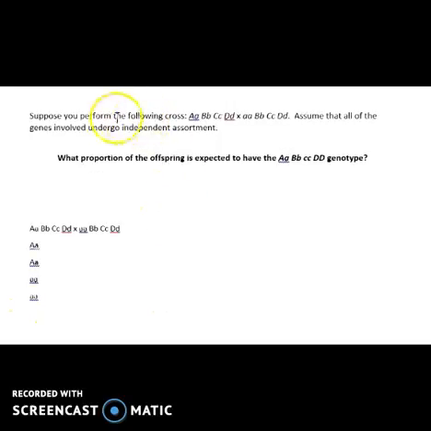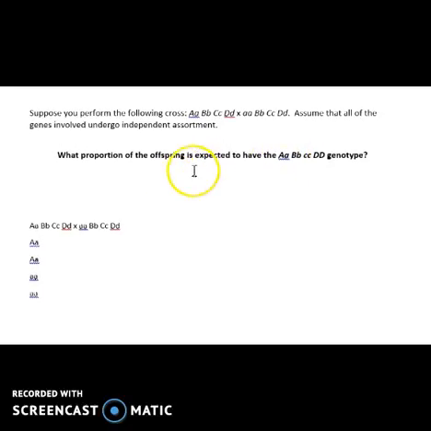Lastly, you're given this theoretical situation where you perform a cross between this genotype and this genotype. And importantly, we're only asked to find out the proportion of the offspring expected to have this genotype.